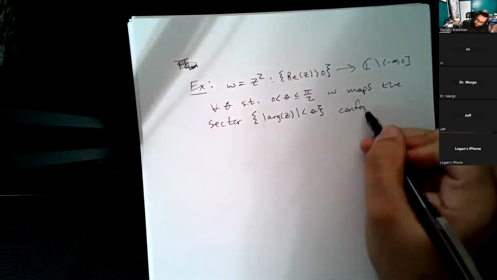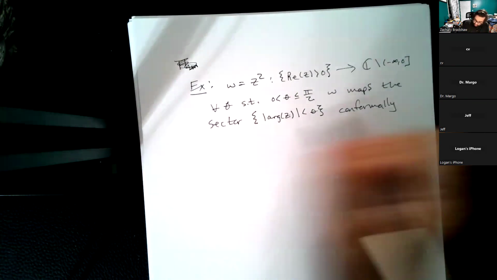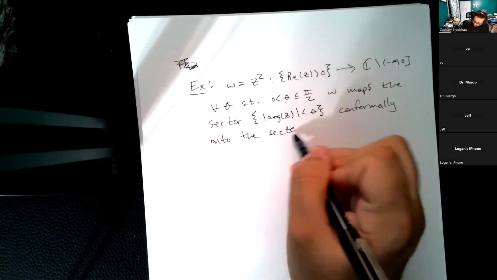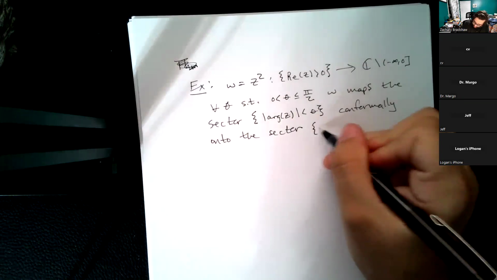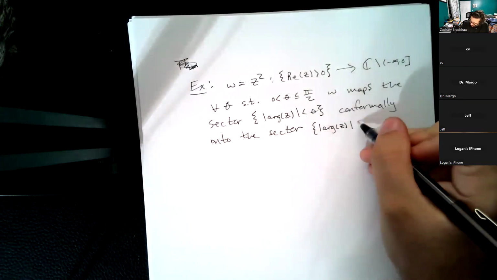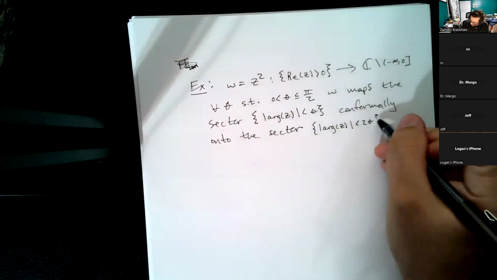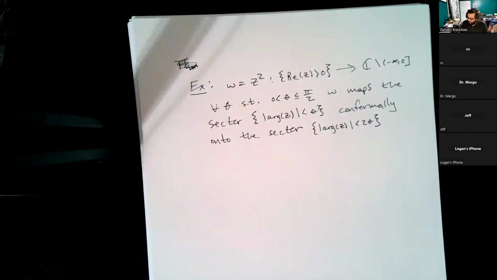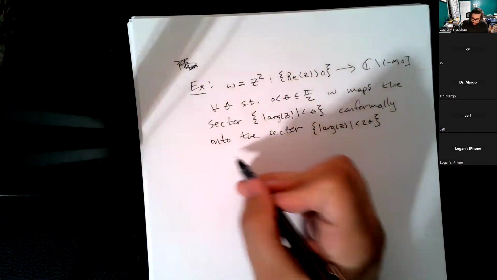It maps it conformally onto the sector arg of z less than 2 theta, of twice the aperture. So how do we see this?